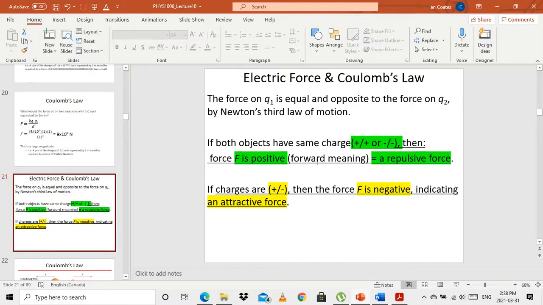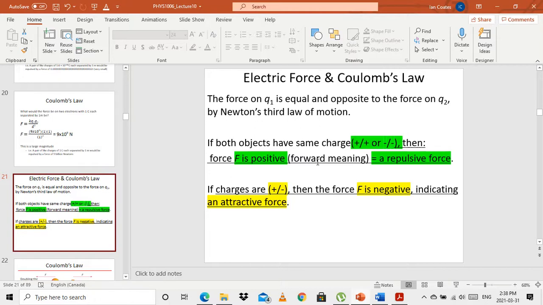Electric force and Coulomb's law. The force on Q1 is equal and opposite to the force on Q2. We've seen this before. So if both objects have the same charge, plus plus or minus minus, then the force is positive. Please remember this.